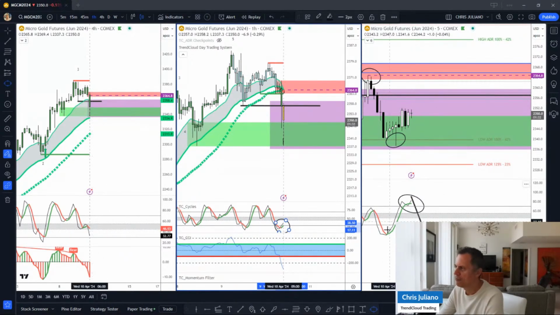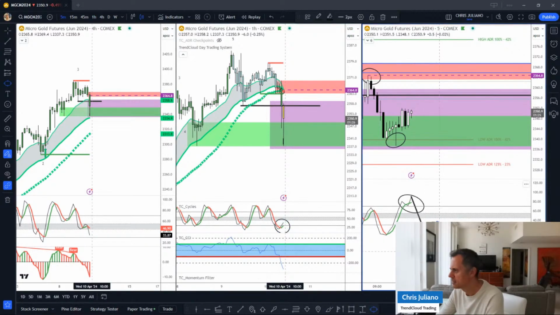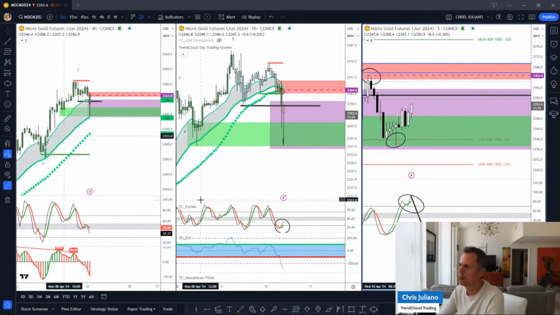Once we get it on the low time frame, we'll start to see it here, and then we'll start to see it on the high time frame as well. And then we'll at least have those cycle indicators all in alignment.